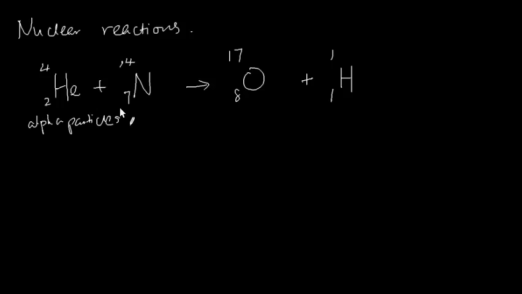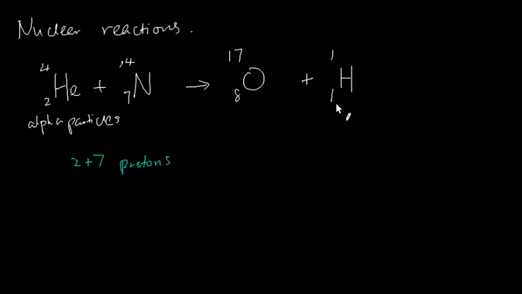2 and 7 are the proton numbers. So that means that there are altogether 9 protons. Right? 2 plus 7 protons in the beginning, and after shooting these alpha particles at the nitrogen atoms, a nuclear reaction takes place, and these are produced.